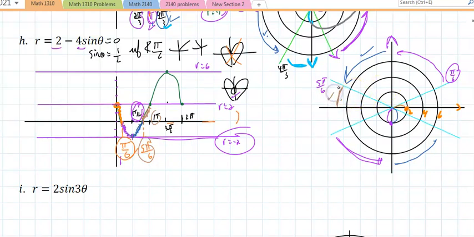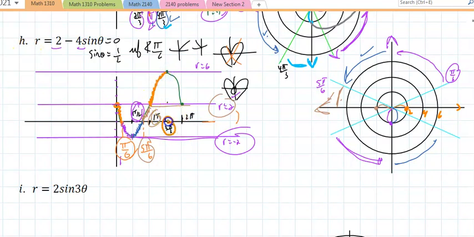I'm in quadrant 2. It's right there. It's picking up. And by the time I reach pi, r equals 2. It picks up there. And then what? Then it keeps on increasing.